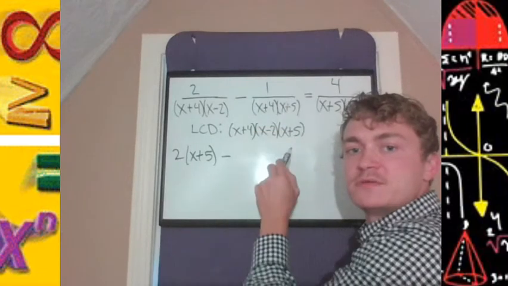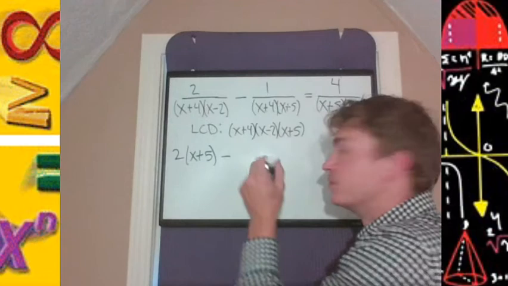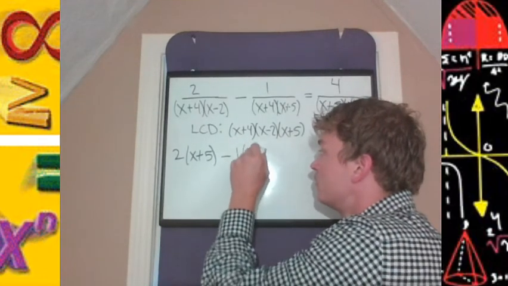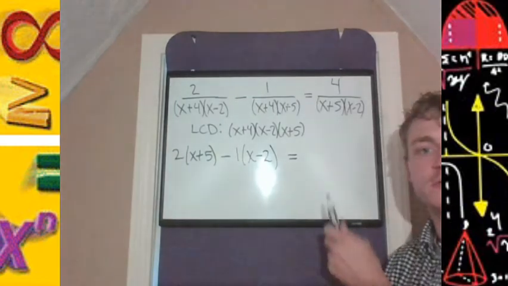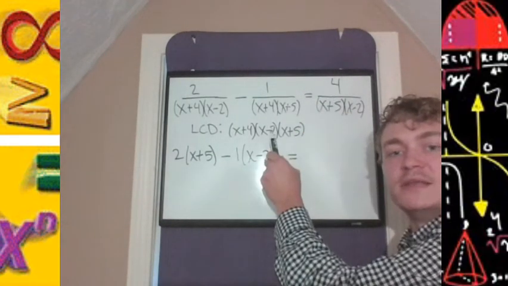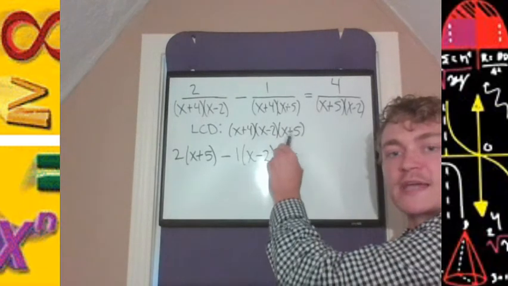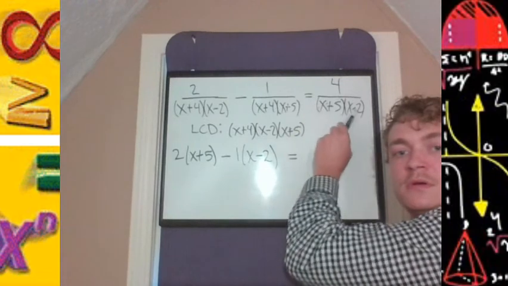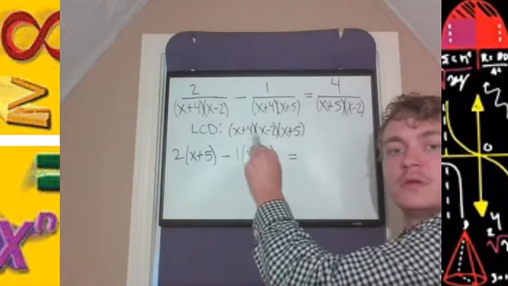X plus 5s cancel, leaving you with the product of 1 and x minus 2. Now on the right-hand side, this equals our rational expression multiplied by the LCD. When we multiply these two, the x plus 5s cancel, the x minus 2s cancel, leaving you with the product of 4 and x plus 4.